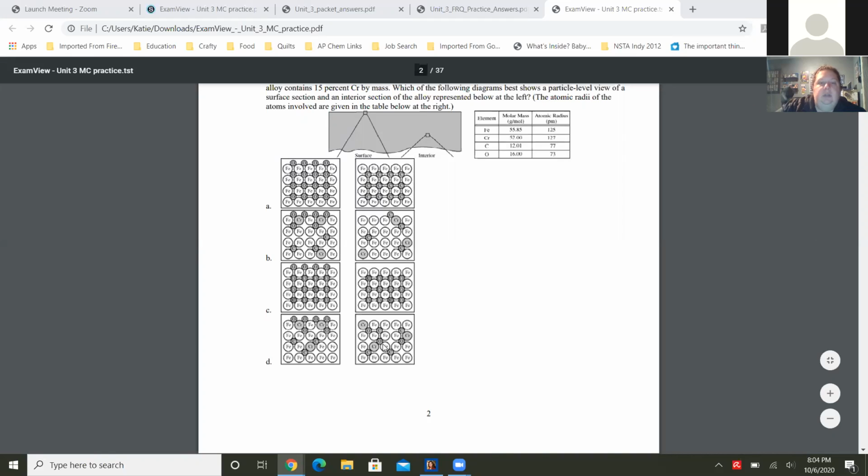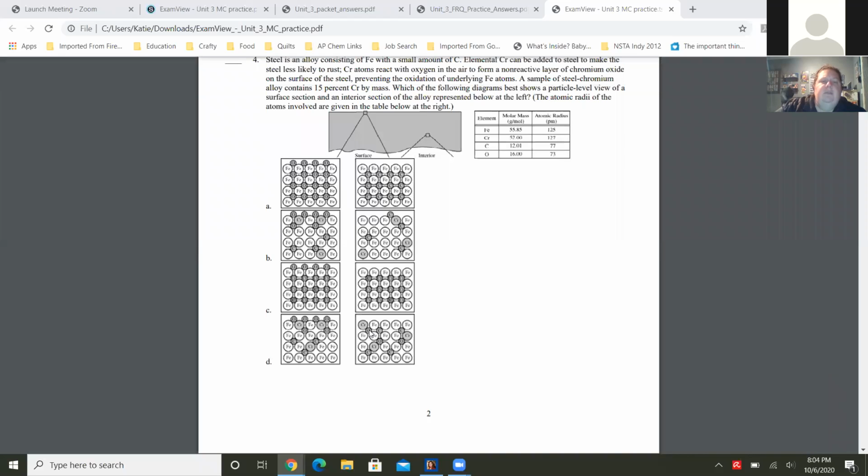There's an oxygen there, there's an oxygen there. If the point of putting the chromium there is to make sure that the oxygen doesn't get in, this is not showing what we want. We would want it to look like B, where we don't see that oxygen infiltrating the interior of the metal.